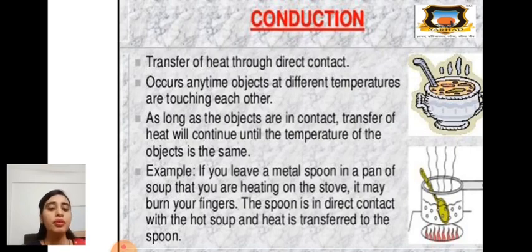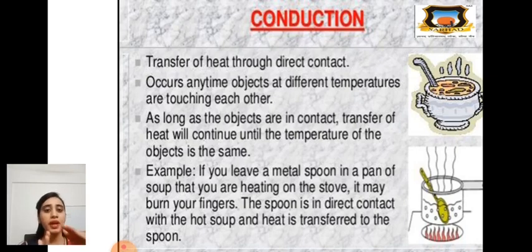Okay, you can do other activities like this. For example, if you leave a metal spoon in a pan of soup or in a hot cup of tea that you are heating on a stove, and the burner is on, it may burn your fingers also.